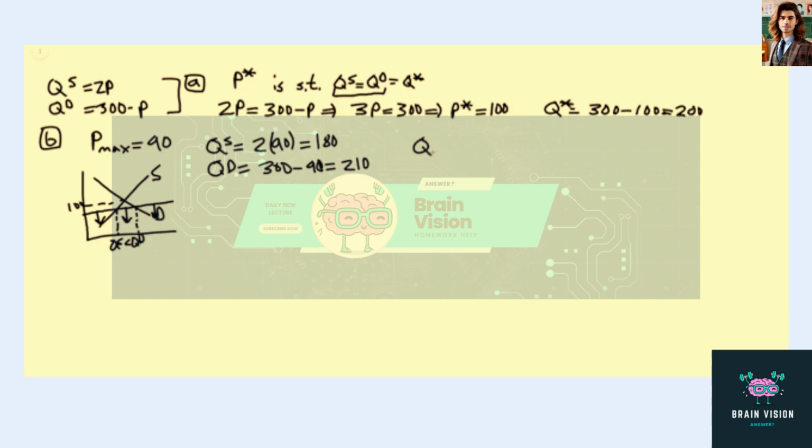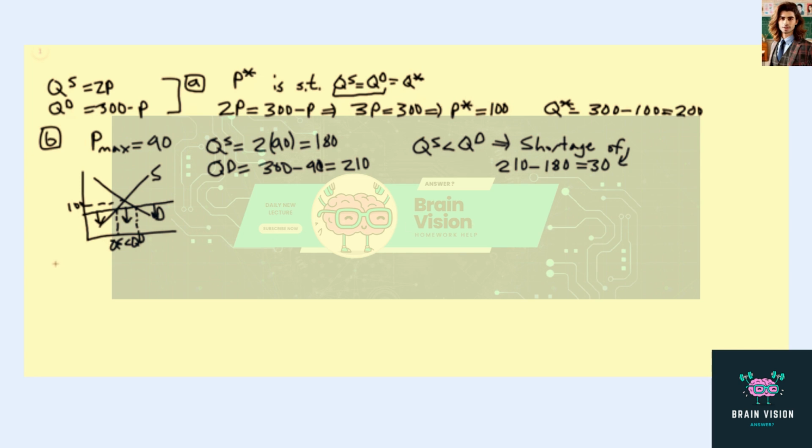And in particular, we know that when quantity supplied is less than quantity demanded, there are more people interested in purchasing the good than that good is available. In this case, we have what's known as a shortage. And the magnitude of this shortage is just going to be our 210 minus 180. So we have a shortage of 30.